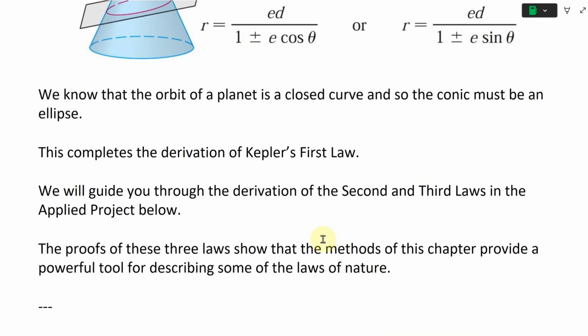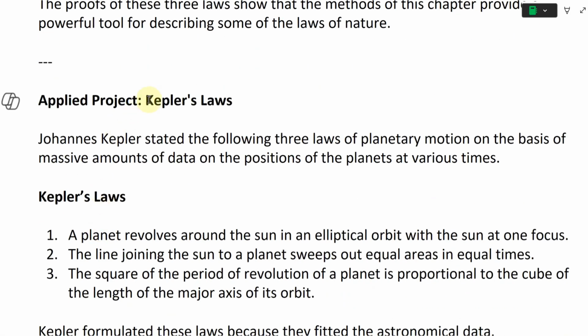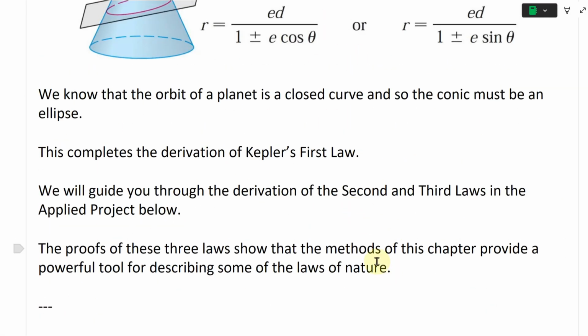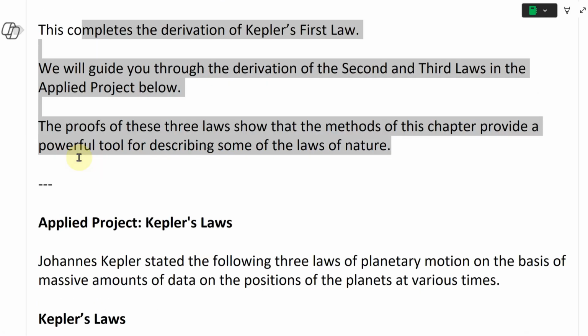Now that I've covered the first law, we're going to look at the applied project, which covers Kepler's laws, basically solving laws 2 and 3. Just to note, this first derivation was at the end of the section on motion in space, on velocity and acceleration, that I covered in my earlier video.